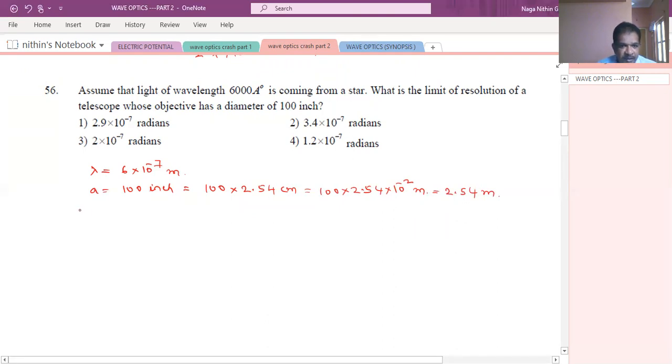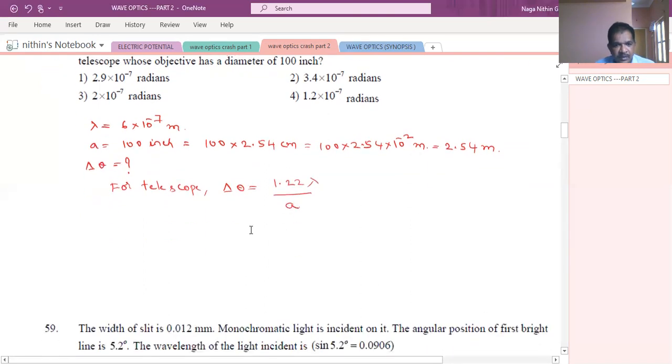Then what is the limit of resolution? Delta theta is equal to how much? For telescope, delta theta is equal to 1.22 lambda by a.